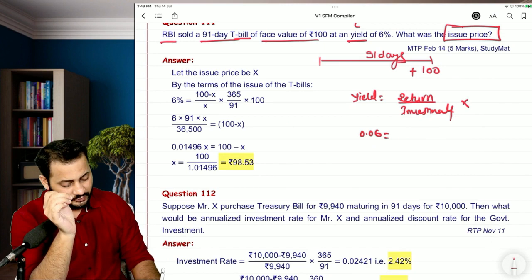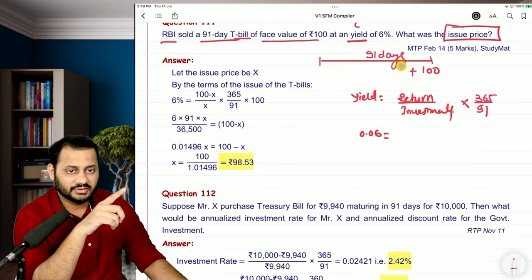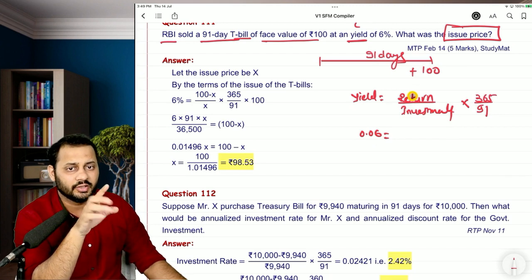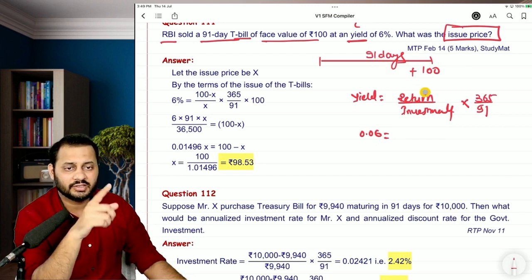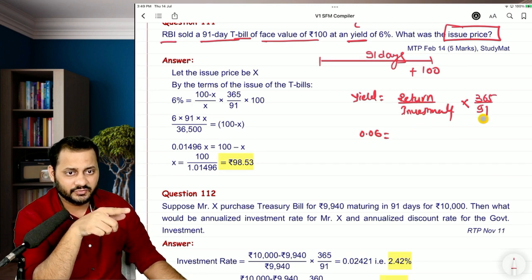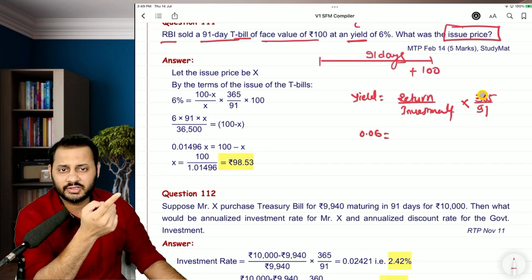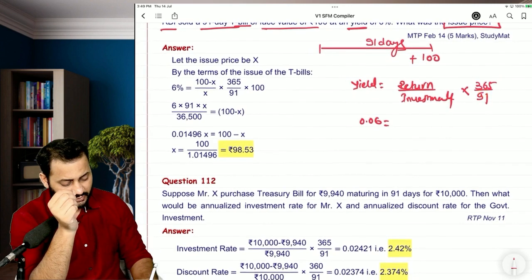So we are going to convert it into a per annum basis. This return that you are taking in the numerator, is only for 91 days. So if this entire return is for 91 days, what will be the return for 365 days? So let's do it.